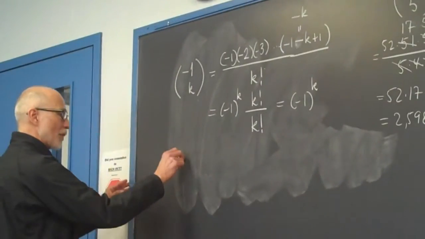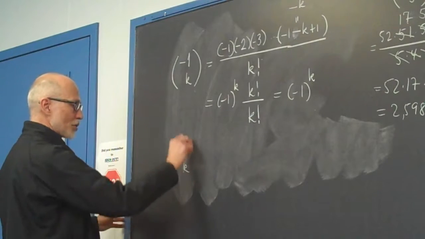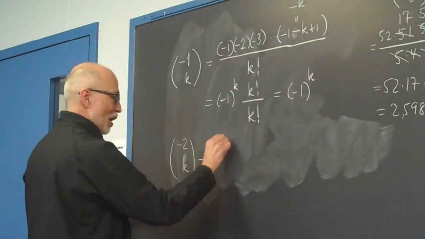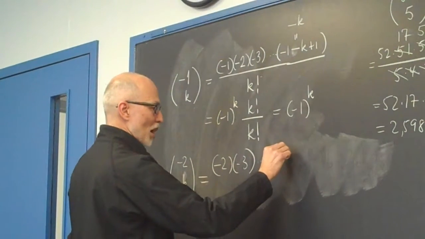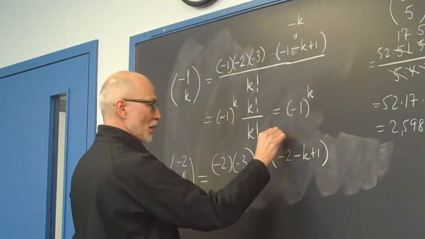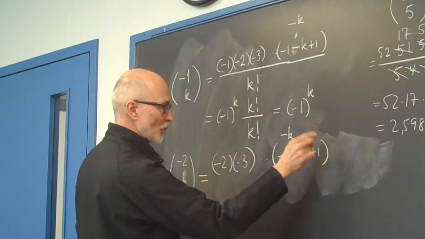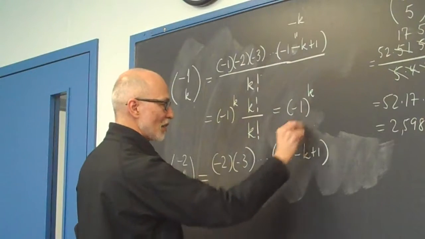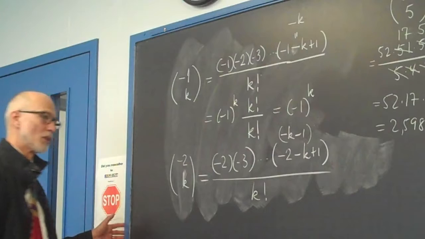And, well, how about minus 2 choose k? What the heck, check it out, right? This is minus 2, minus 3, down to minus 2, minus k plus 1, which is minus k minus 1, right? Divided by k factorial.